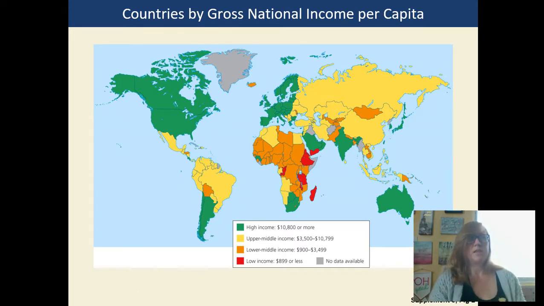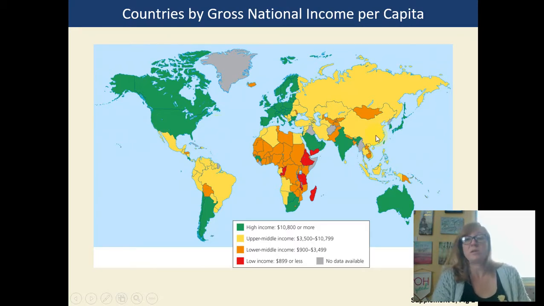Okay, let me try to explain that in a better way because I can't edit. So a country like China, they might have a higher GDP. Their number might be huge because they're producing a lot. But there's vastly more people in China than there is in the United States. So if our GDP is the same in the United States compared to China, we're going to be higher up on the gross national income because we have fewer people in America than there are in China.